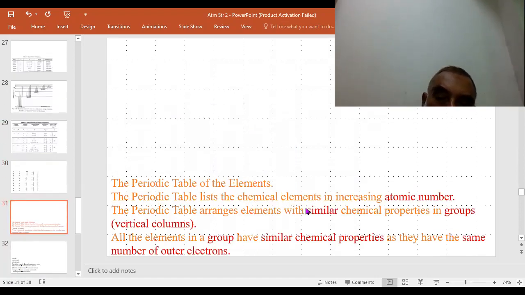Now, regarding the periodic table of elements, the periodic table lists the chemical elements in increasing atomic number. The periodic table arranges elements with similar chemical properties in groups, that is the vertical columns. All elements in a group have similar chemical properties as they have the same number of outermost electrons.